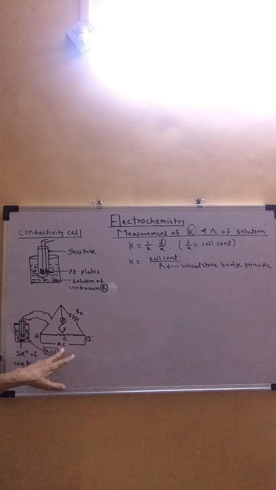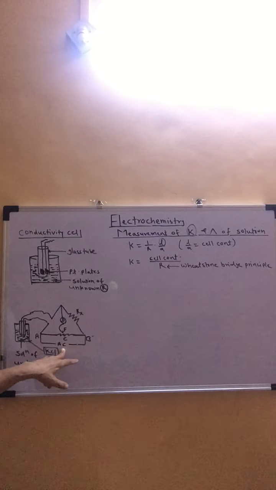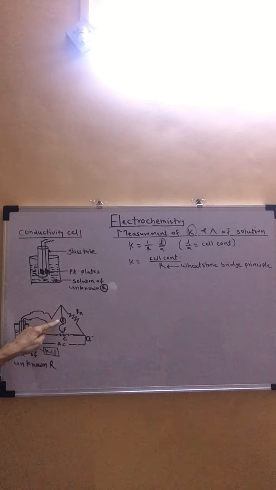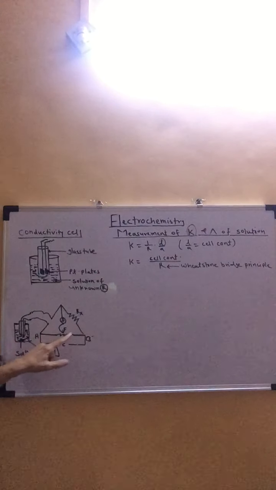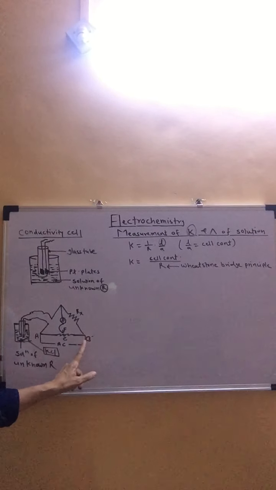Now this is the alternating current source AC, D is the current detector, and F is a sliding contact which is moved along AB.